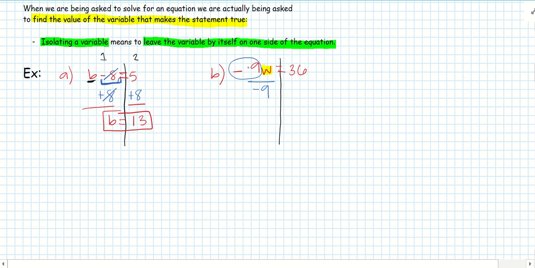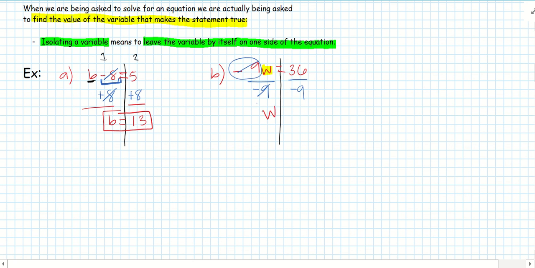So if I'm multiplying by a negative and I want to get rid of it, I also divide by a negative, okay? Now, since I'm doing that on the left side, I'm also going to do it on the right side. So negative 9 divided by negative 9 becomes 1. So this becomes 1W at the end.